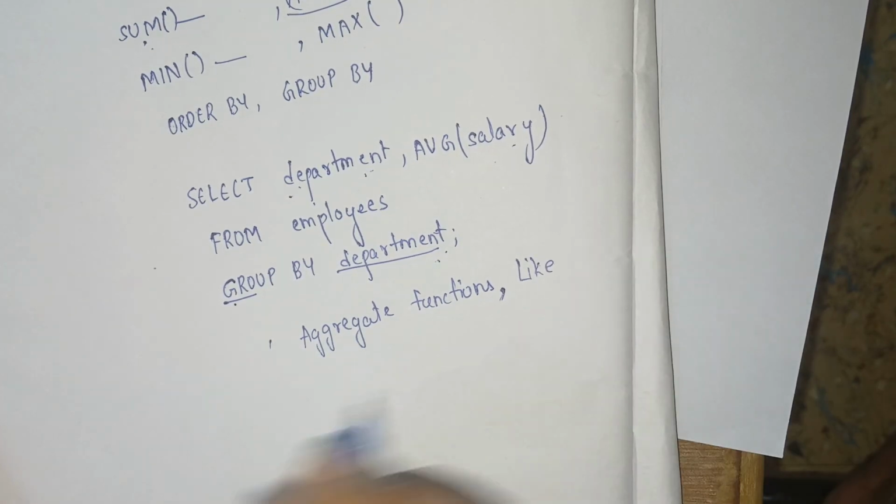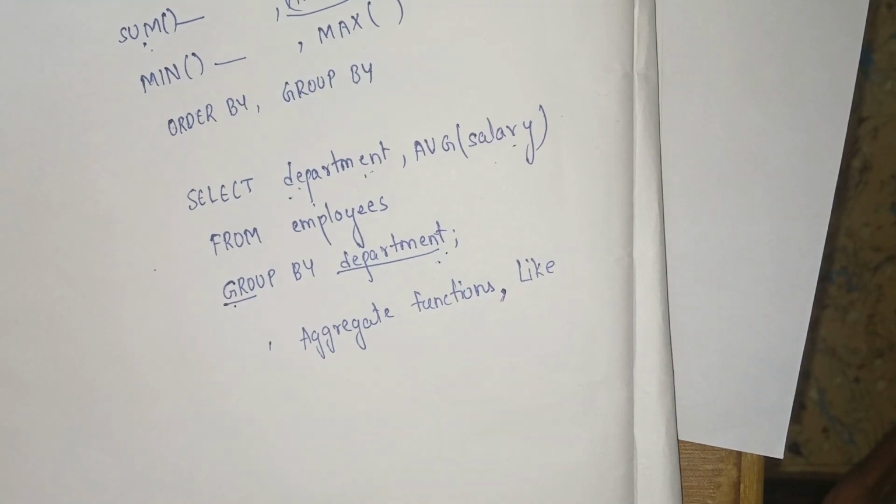I'm not here to teach you SQL from scratch. I can teach you that next. But here I'm teaching SQL only from a data engineering perspective. Here in data engineering, we need not deep dive into SQL.